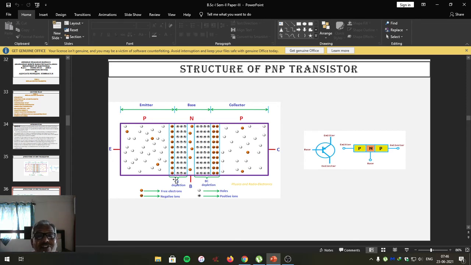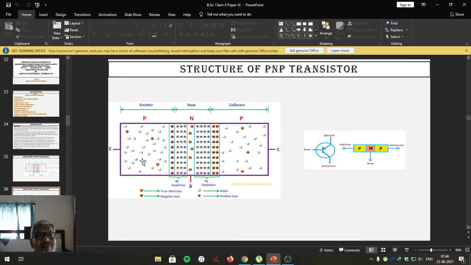This layer prevents the charge carriers from moving further. The same process takes place on the other side also, so there is also a formation of the depletion layer that separates the N region and P region from each other by generating barrier potential across the output junction, that is the collector base junction.